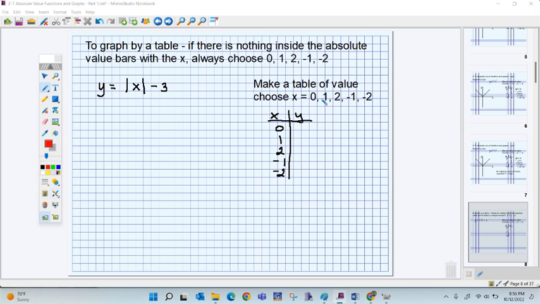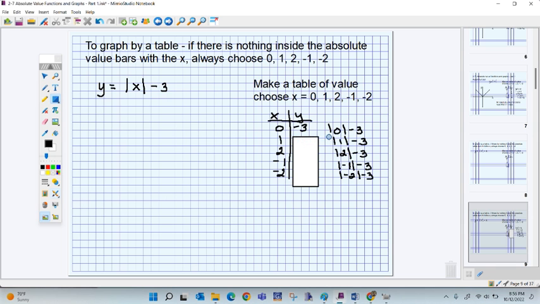So when I plug in a 0, the absolute value of 0 is 0 minus 3 is -3. So this will be -3. I know that it doesn't let me write very nicely on top, so I have to do it as a reveal here. Okay, here we go. The absolute value of 0 minus 3, which gives you -3.